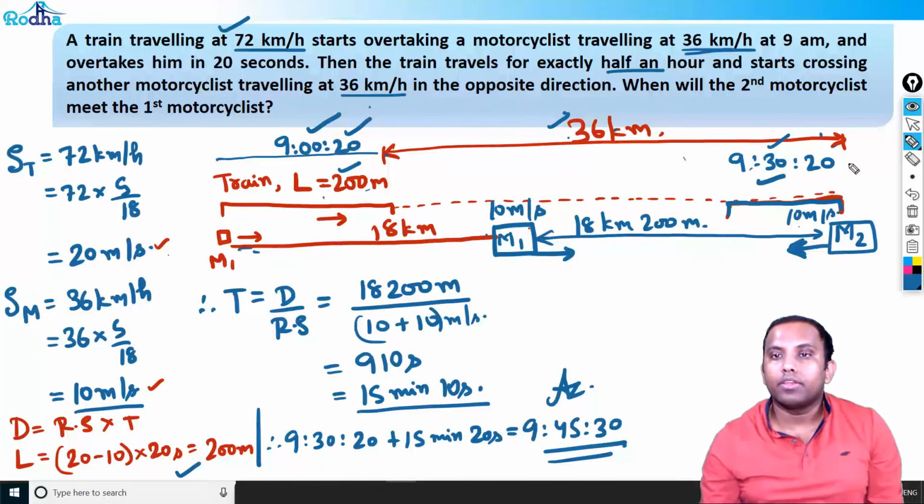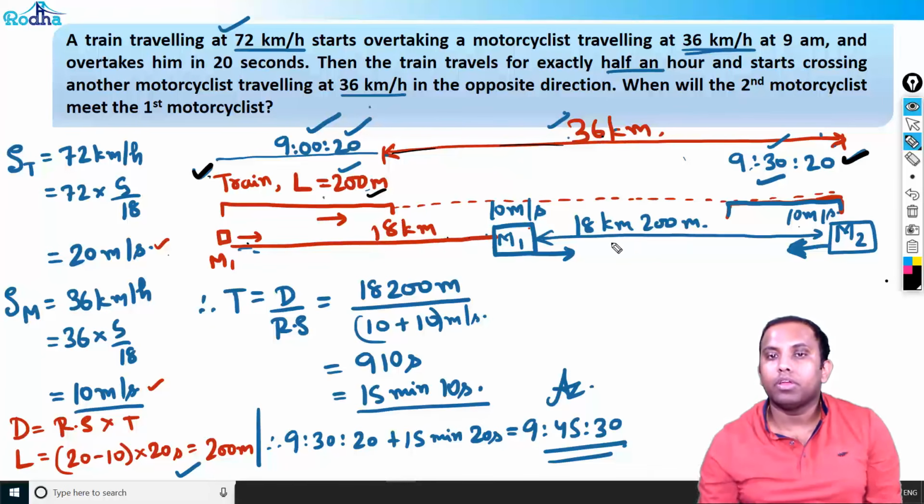So from this point to this point, the total distance is 36 kilometers plus 200 meters, that is 36 kilometers 200 meters. He traveled 18 kilometers, so 36 kilometers 200 meters minus 18 kilometers.